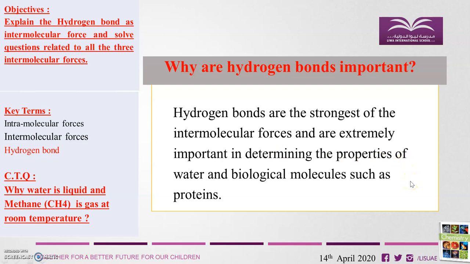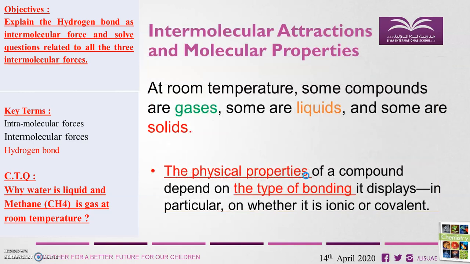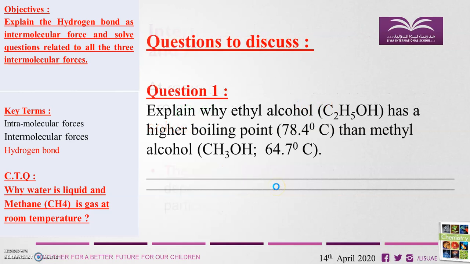They tell us why water is liquid, why ammonia is gas, why water is liquid while another molecule is solid at room temperature. We can know this information only if we know the type of intermolecular forces between these molecules. So knowing molecules as gases, liquids, and solids depends on understanding what type of intermolecular attraction we have.